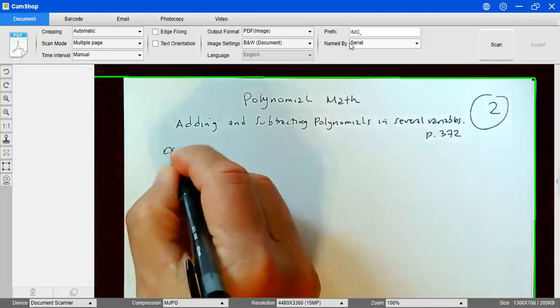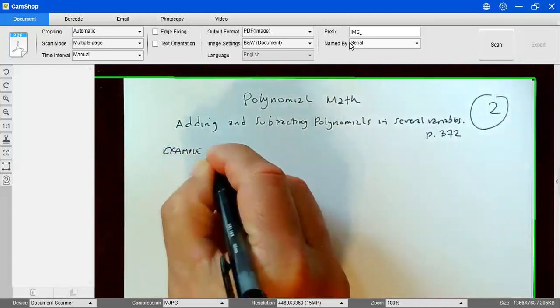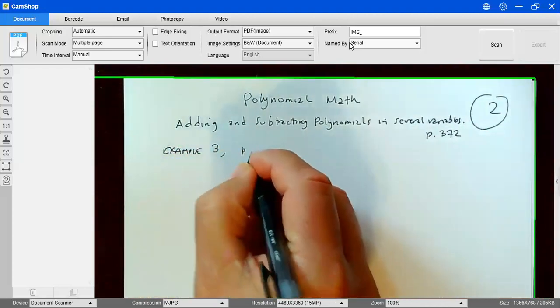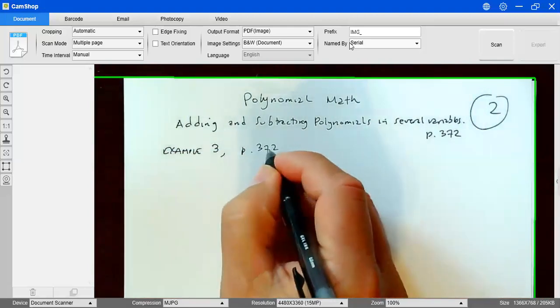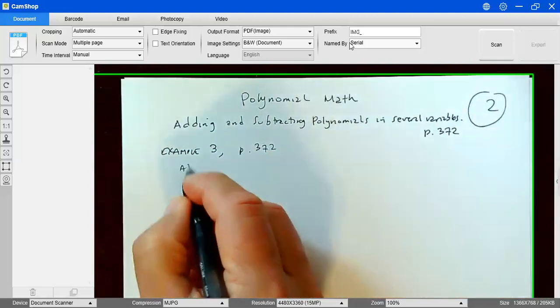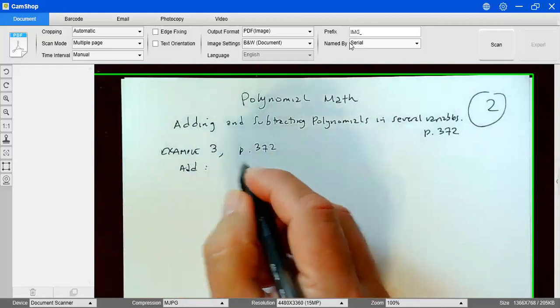So we have example 3 on page 372, and we're going to add the following.